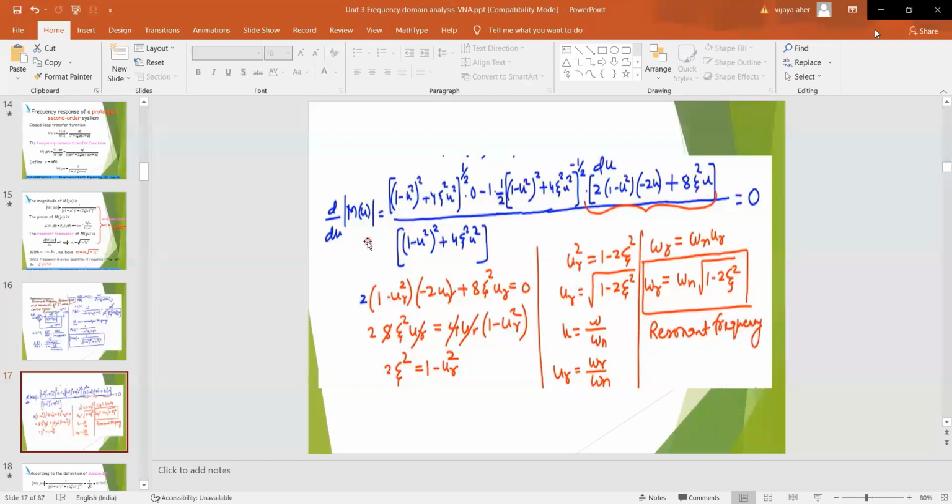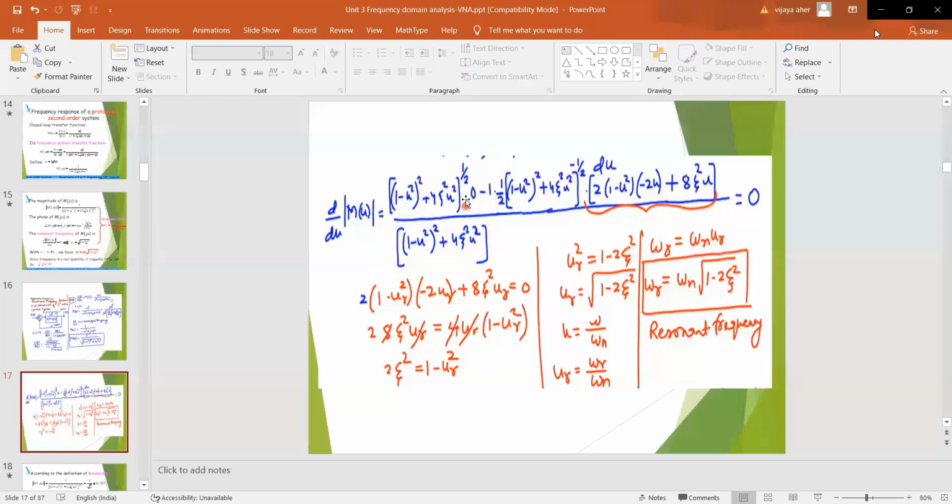So you can write by using this equation: first term, v into derivative of u. The v term is nothing but [1 minus u square] square plus 4 zeta square u square, raised to half. Here the square was taken, so half and square get cancelled. That's why I have written this term v square.